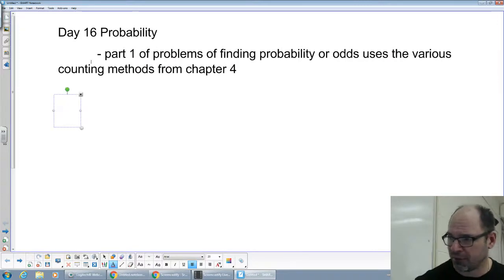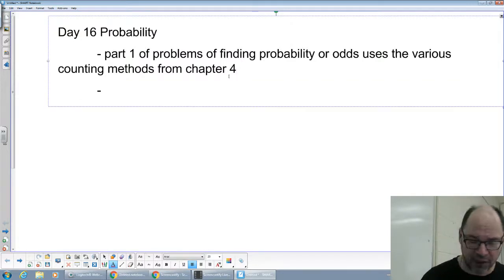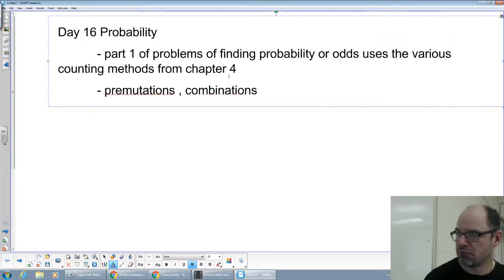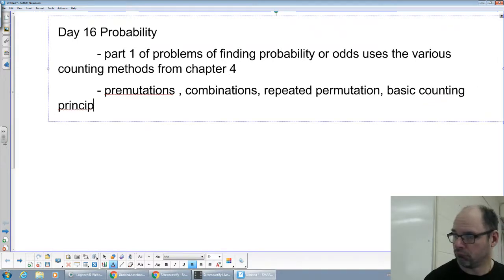Over the next 2 days, we'll look at probability with permutations, probability with combinations, repeated permutation, the basic counting principle, and finally, probability with the help of diagrams.